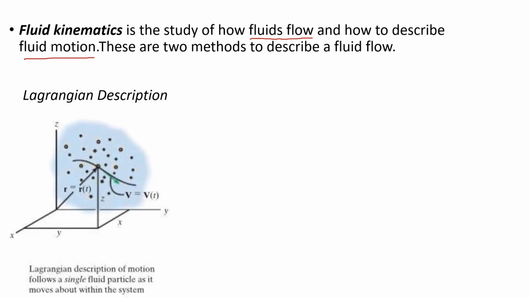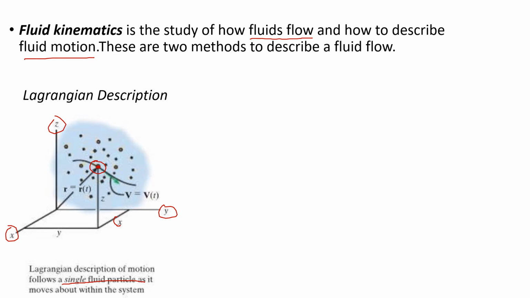And this is what this diagram represented, that we will take a fluid particle with reference to some position, that is the x, y, and z axis, and the Lagrangian description of motion follows a single fluid particle as it moves within the system.